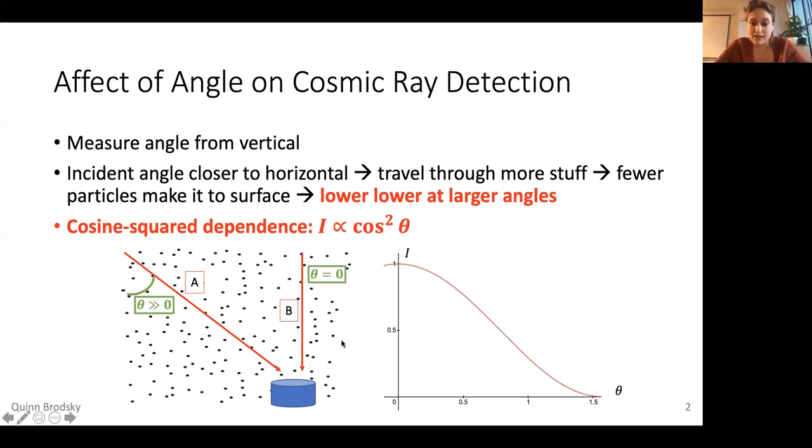And one of the simplest angular distributions that follows these rules is going to be the cosine squared distribution, which you can derive if you assume some uniform distribution for the particles in the air and their interactions with the cosmic ray muons. And the goal of this experiment is to test the validity of this approximation and see what potential sources of uncertainty can lead to deviations.